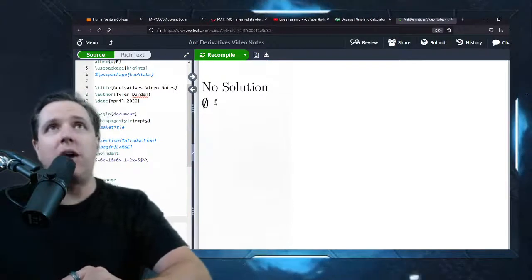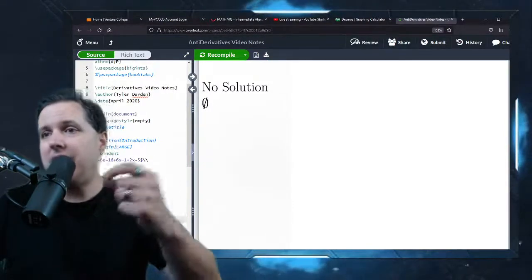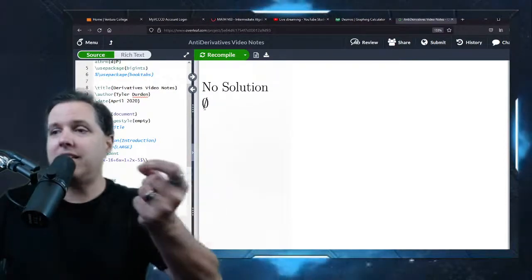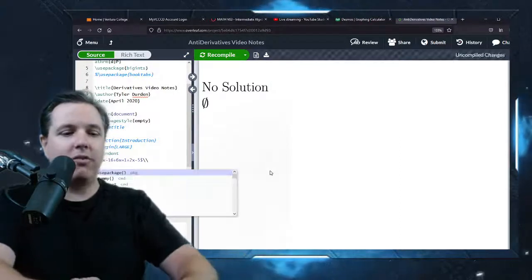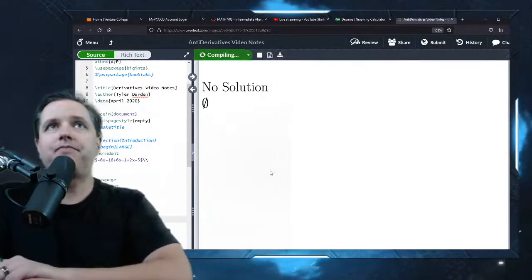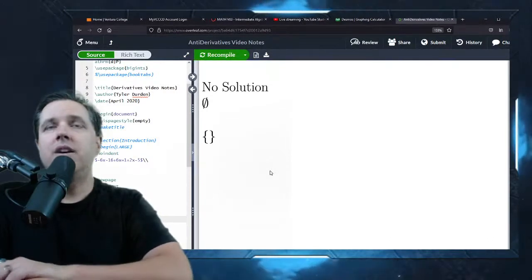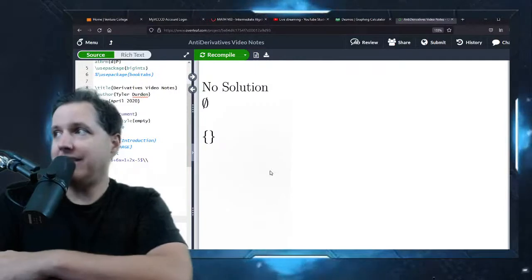Like I just told you a little while ago, this symbol right here actually represents a set, right? It is the empty set. So if your solution set is empty, that means there's no solutions. Well, in mathematics, whenever you see a curly bracket, like these that are about to pop up, that means that the thing inside of those curly brackets is a set.